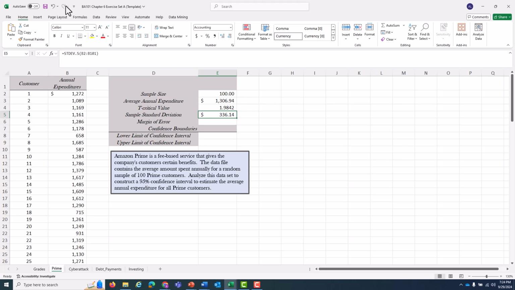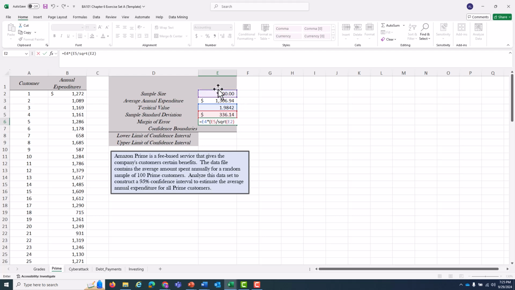Now, what lastly is our margin of error going to be? We are going to find our margin of error in the following way. It's going to be equal to the t critical value that we had before, 1.9842, etc., times, open a parenthesis, your sample standard deviation divided by the square root, SQRT, open another parenthesis, of your sample size.